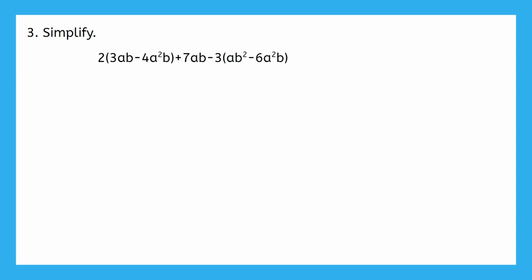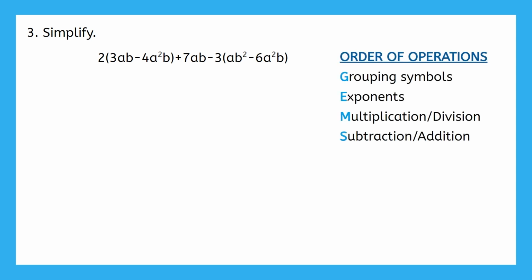Our third and final problem also asks us to simplify. This one might look familiar because we actually looked at it back at the beginning of the video. Now that you've had some practice, pause the video and try to do this one independently. Working through GEMS, there are 2 groupings in this problem, but be very careful.